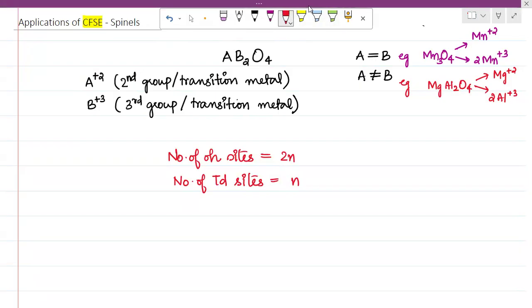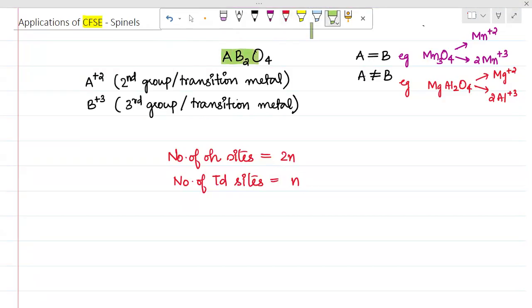So this is the very basic formula of how a spinel looks. A spinel has AB2O4 as its formula, where A is in +2 oxidation state and B is in +3 oxidation state. Based on the positions of the octahedral and tetrahedral sites that they occupy, AB2O4 is divided into 2 types.